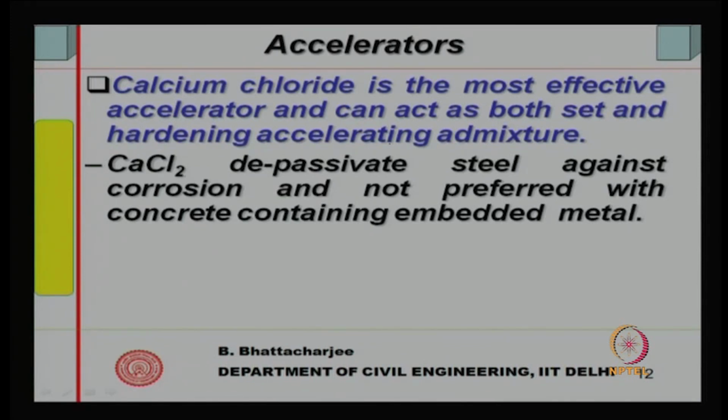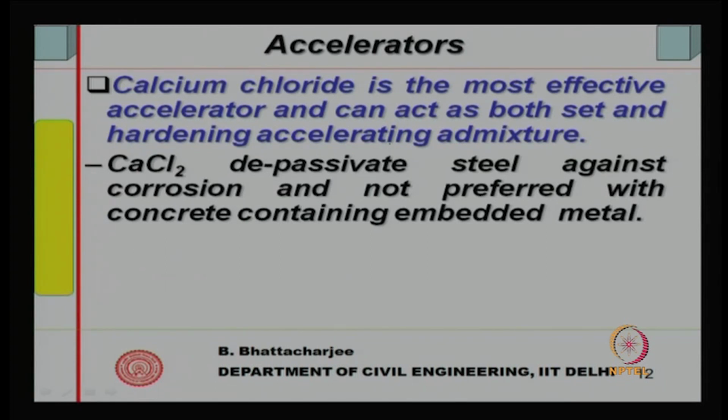But unfortunately calcium chloride is a problem from the durability of reinforced concrete, because it will initiate the rebar corrosion process by what is known as depassivation of the steel. So, usually some kind of passive layer forms over steel which protects the steel, but if calcium chloride is present, such passive layers get broken down and it is called depassivation, and it is not preferred.